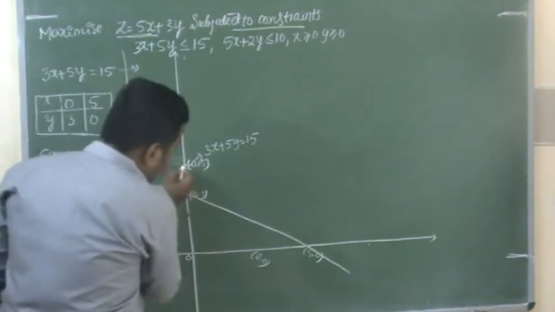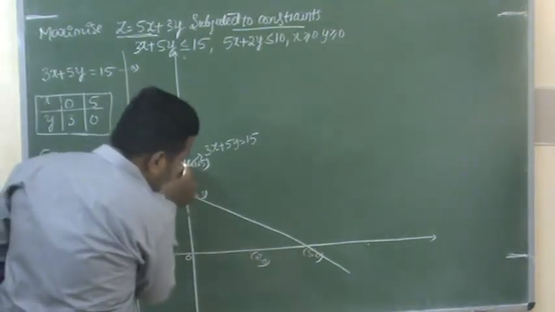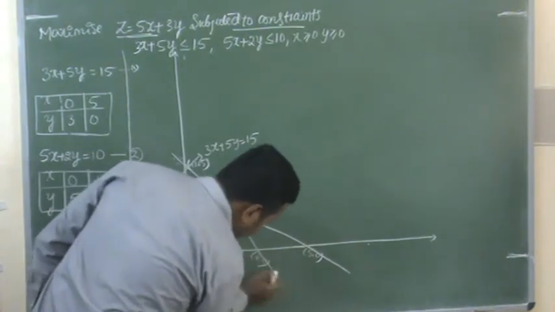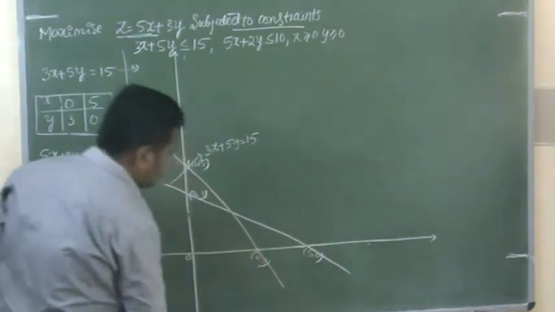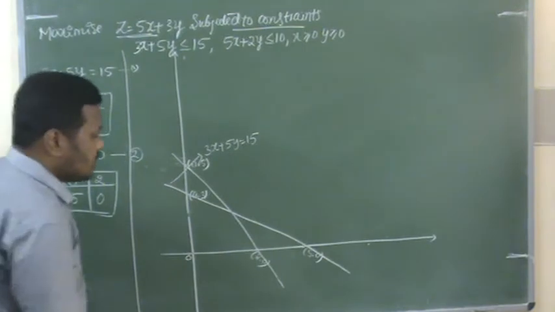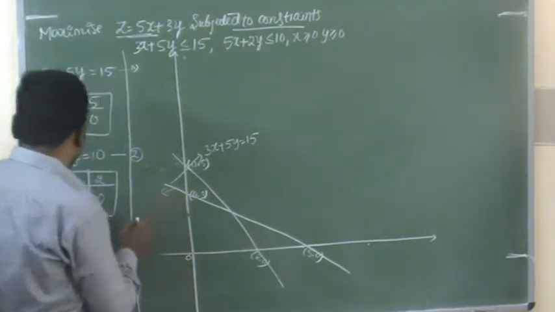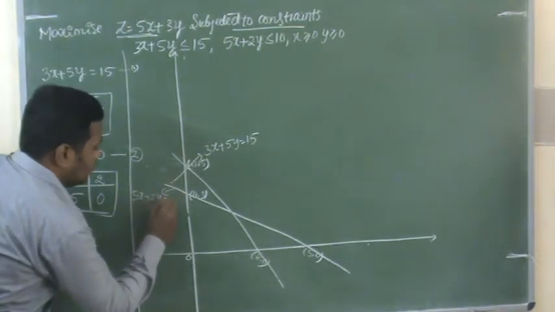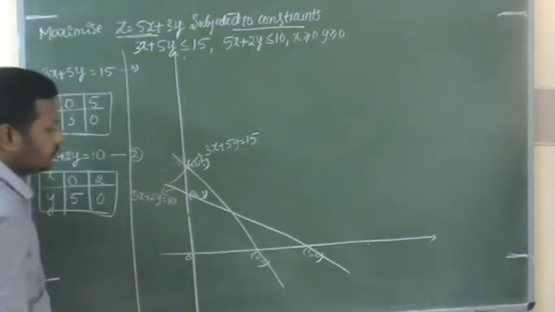Okay. Again, draw a straight line joining these two points. This is the line of the equation 5x plus 2y equals 10.